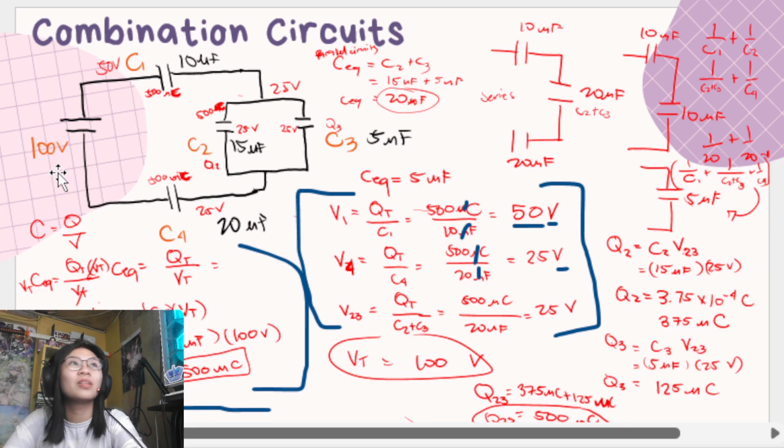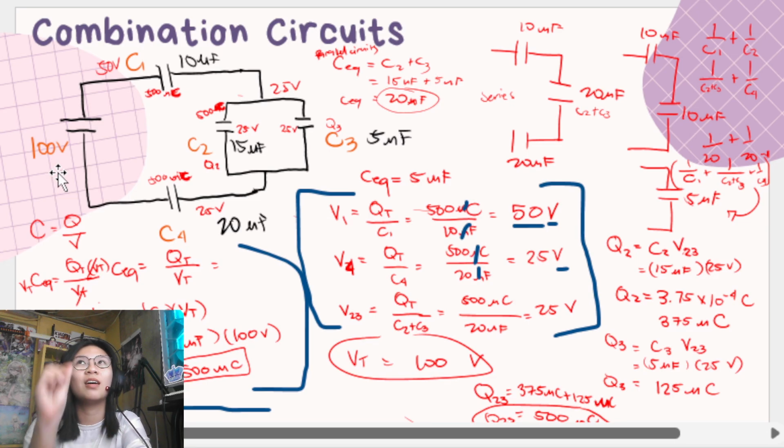Now how about C2 and C3? Now remember, C2 and C3 are parallel. In parallel, they have the same voltage as their total voltage. But we cannot use VT here, the 100 volts, because it is shared with C1 and C4. So what voltage do we use for C2 and C3?